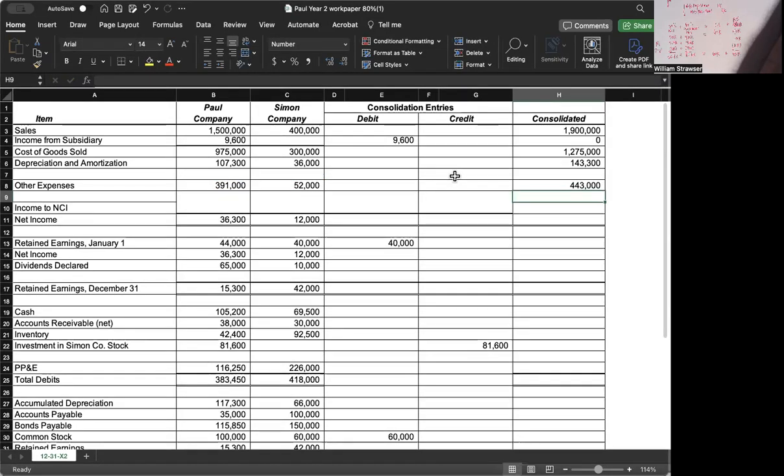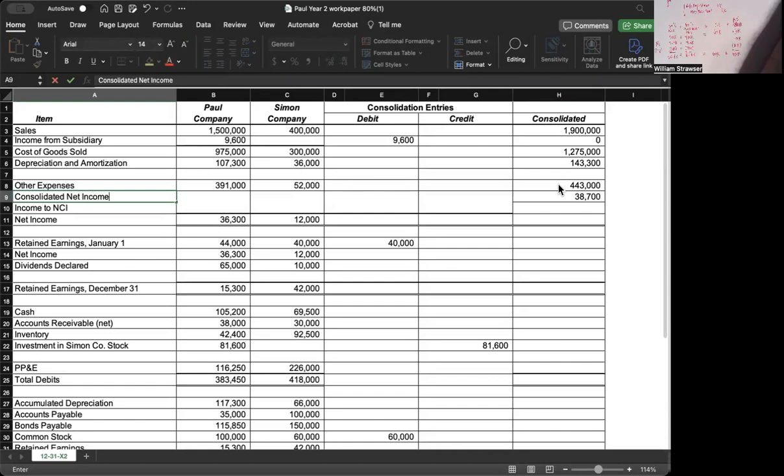And if I add these up appropriately, I have my revenues, I subtract off my expenses, I exclude the income from the subsidiary. This is my consolidated net income. And I added this line.